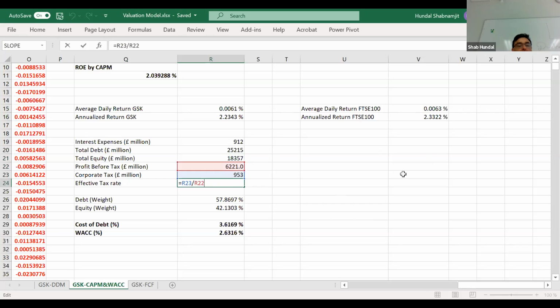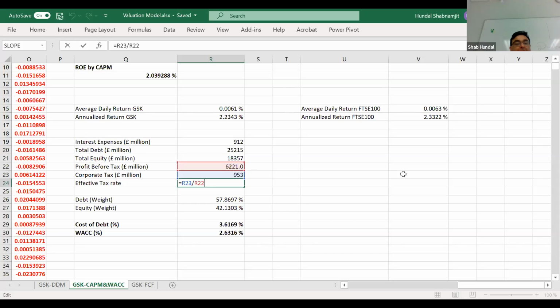So when I divide, if you Google, never take the headline tax rate. The headline tax rate is, if I Google now, the corporate tax rate in UK, it may not be the same. Remember, not every company pays the headline tax rate. So you need to find the actual tax rate which the company is paying.